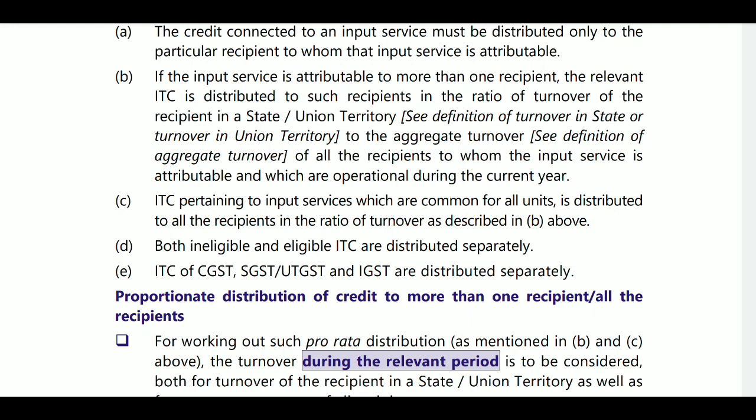Based on their turnover, he will distribute. The relevant period is the previous financial year or the last quarter prior to the month of distribution for which the turnover of all recipients is available.